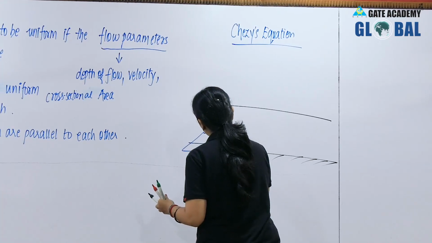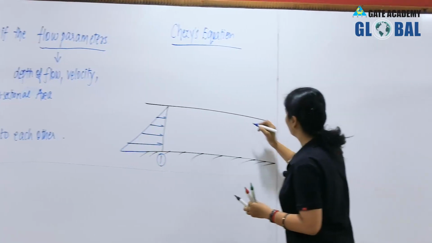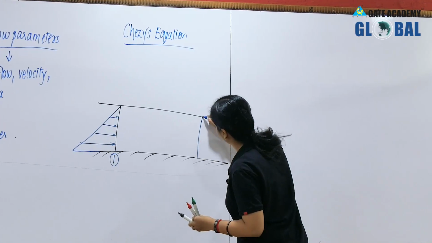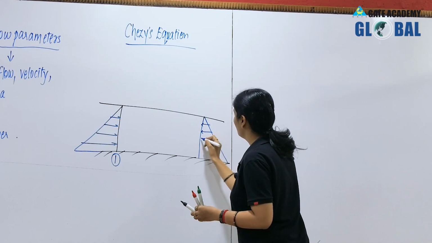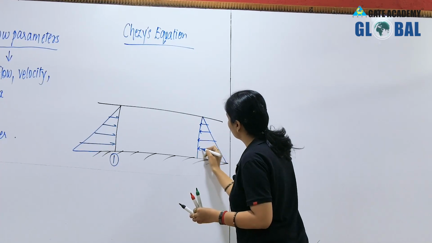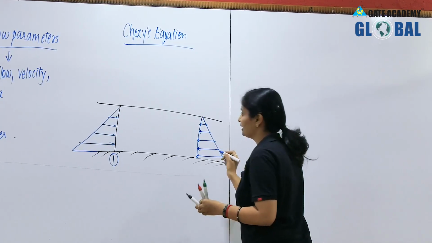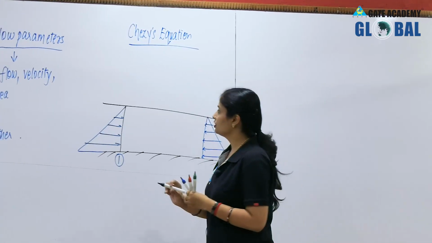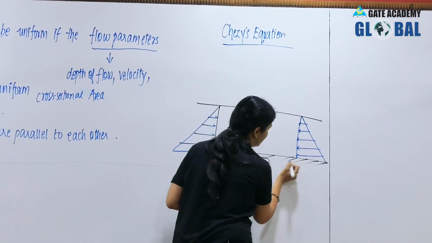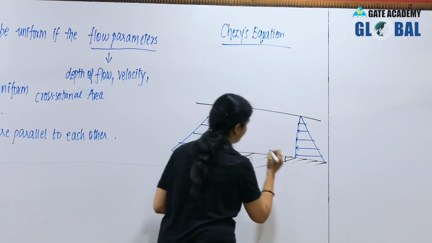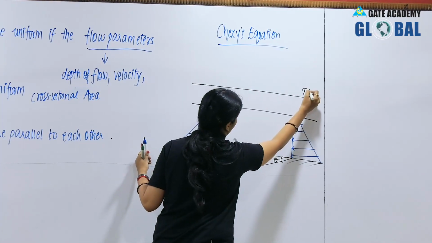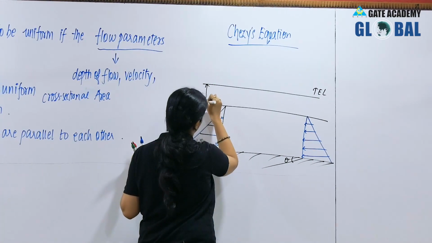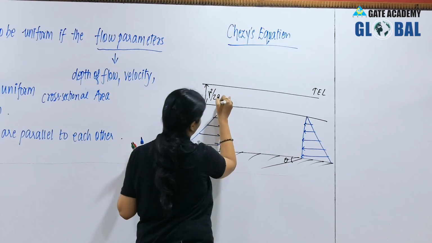This was at section 1, I hope you remember it. Do revision frequently because this topic is important, and questions from uniform flow have been asked many times in your examination. This is your bed slope, theta. This is your total energy line, and this is V square by 2g.